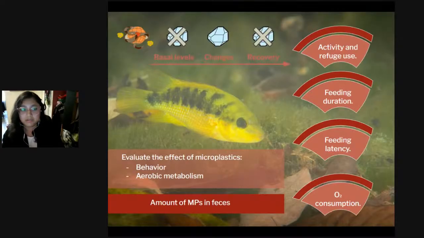And we did this in 3 different periods of time: before being exposed to microplastics to figure out the basal levels, then how it changed when they were exposed to microplastics, and finally, without microplastics to see if there was a recovery.